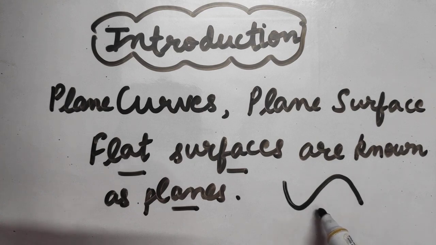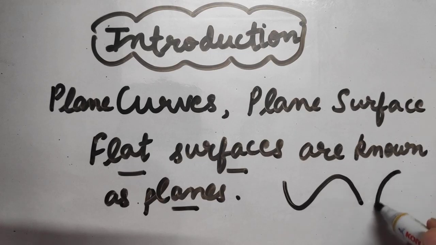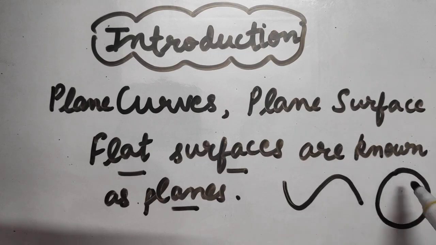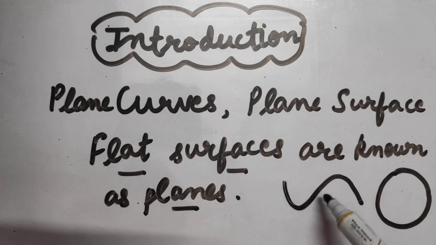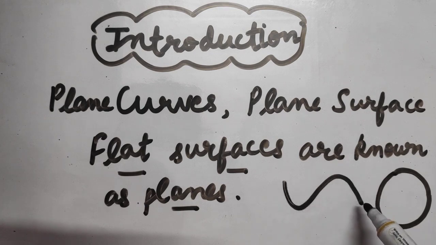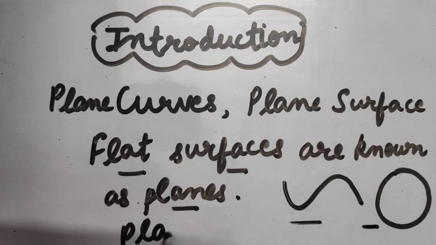So this shape is considered a plane curve. It can be this shape because I have not lifted the tip of my marker. So, if we put the sharp tip of a pencil on a sheet of paper and move from one point to the other without lifting the pencil, then the shapes so obtained are called plane curves.